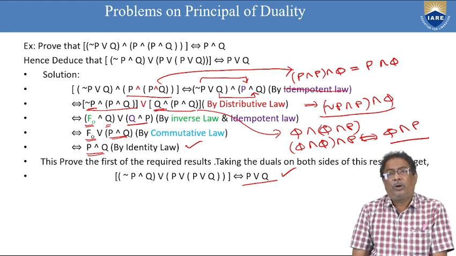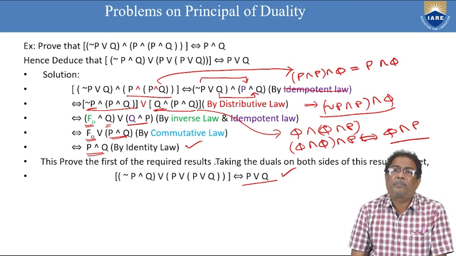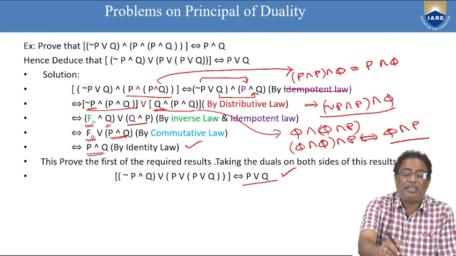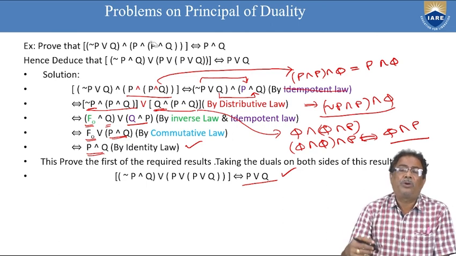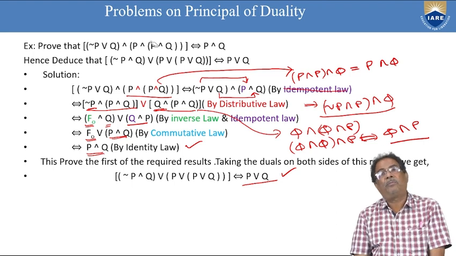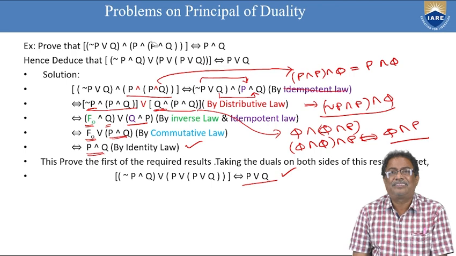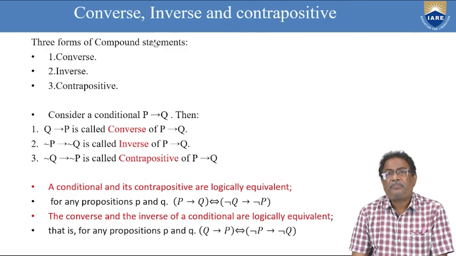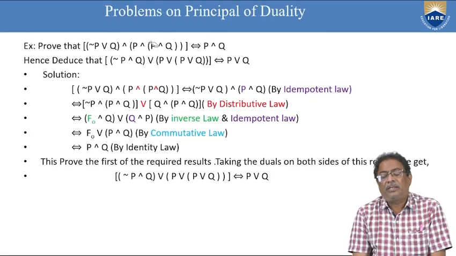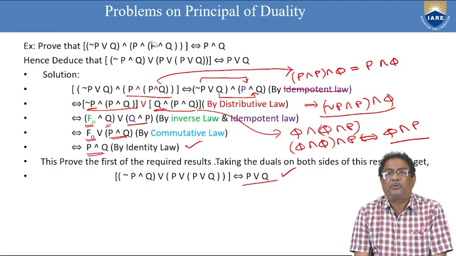So whatever one result we obtain, if another compound proposition is nothing but its dual, then automatically we are going to write the reduced form dual, then automatically we are going to get the final result. So this is the way that we are going to calculate the dual of given compound propositions.